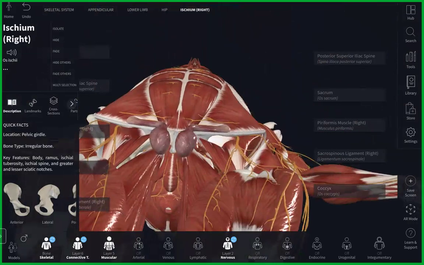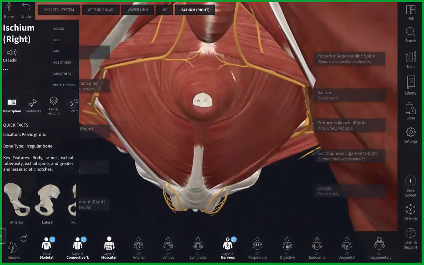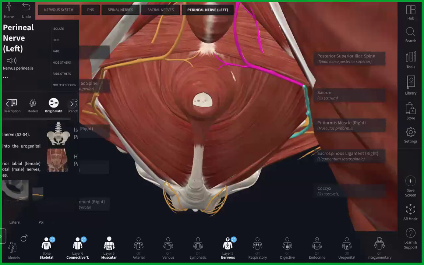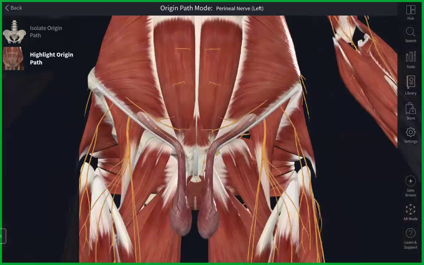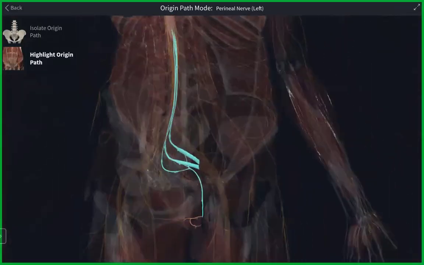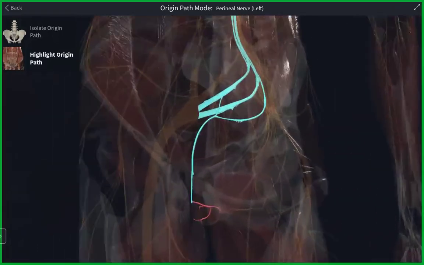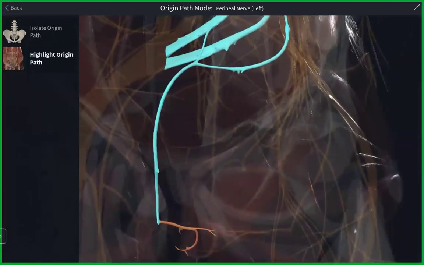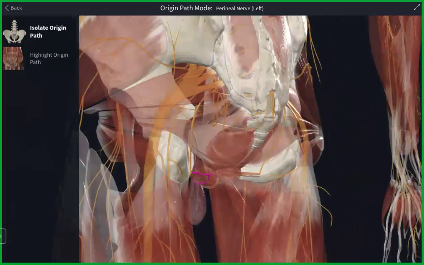So we can see that this area is supplied by perineal nerves, which are branches of the pudendal nerve. This is our pudendal nerve in blue, and the perineal nerve coming out from here.